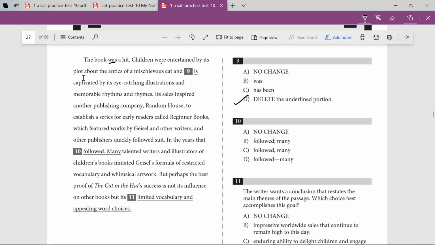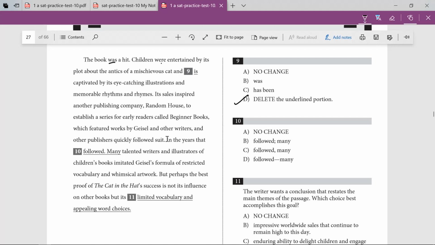Children were entertained by its plot about the antics of this cat, and captivated by accurate illustrations and memorable rhythms. Its sales inspired another publishing company to establish a series of early readers called Beginner Books. Okay, so this guy is now coming up with new books which featured works by this and other writers, and other publishers quickly followed suit. In the year, oh, I didn't see this full stop. In the years that followed, many talented writers. What is the use of?